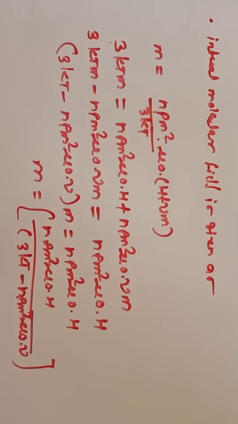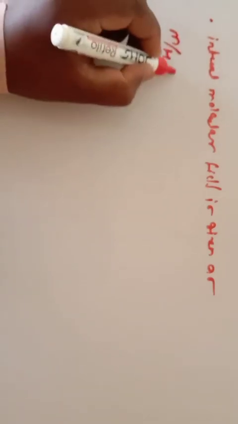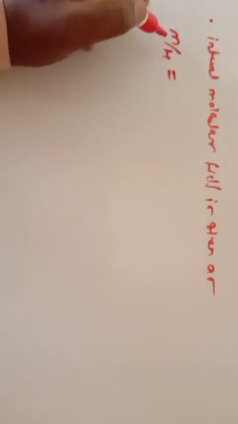Let us go further, and write the equation for M by H by transferring H to this side. M by H is nothing but your magnetic susceptibility.